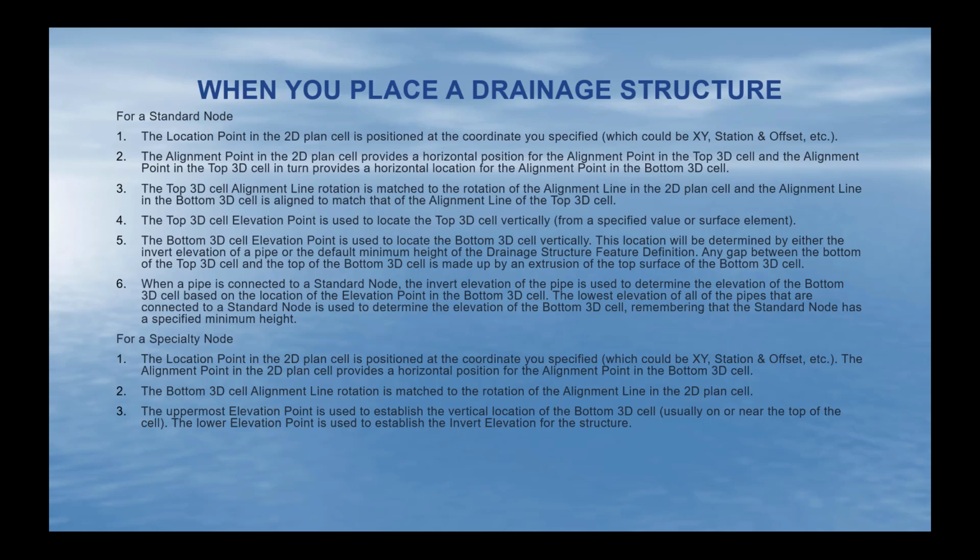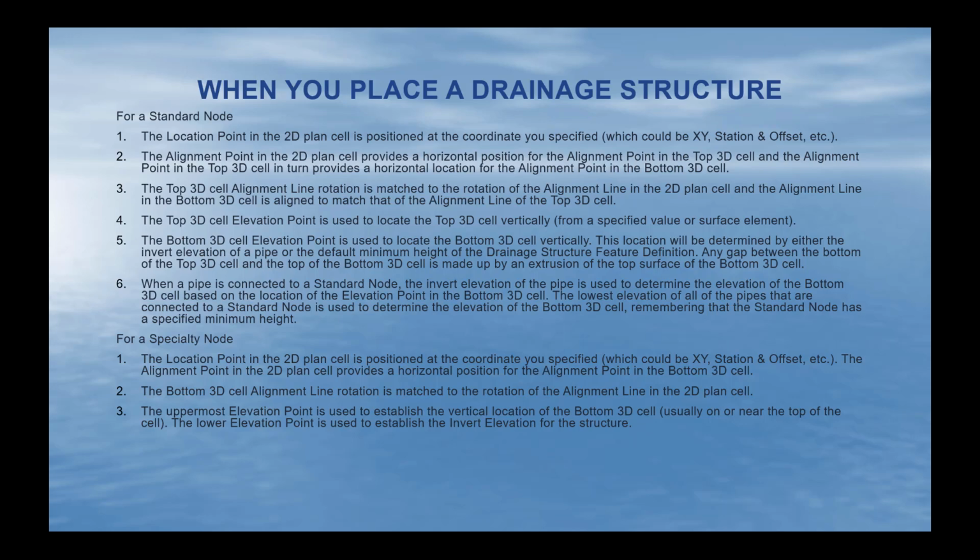When a pipe is connected to a standard node, the invert elevation of the pipe is used to determine the elevation of the bottom of the 3D cell based on the location of the elevation point of the bottom 3D cell. So when you place pipes or add pipes, the lowest elevation of all pipes that are connected to a standard node is used to determine the elevation of the bottom 3D cell, remembering that the standard node has a specified minimum height.